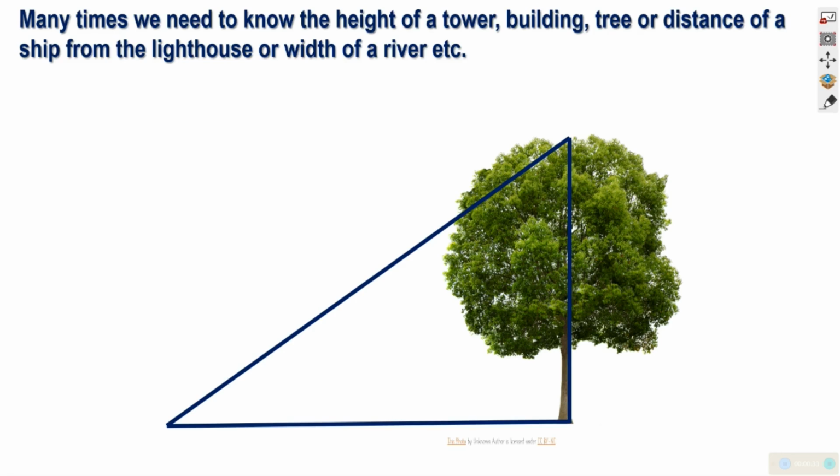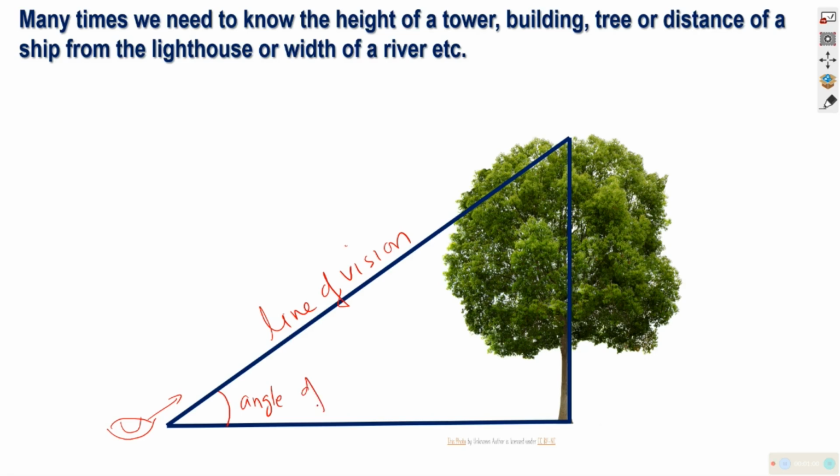Look at this particular figure now. We have drawn a right angled triangle with respect to the tree, and we know that an angle of elevation is created here. This is the angle of elevation because you will be looking from here, right? Suppose that this is your eyes. You will be looking from here, and this is the line of vision.